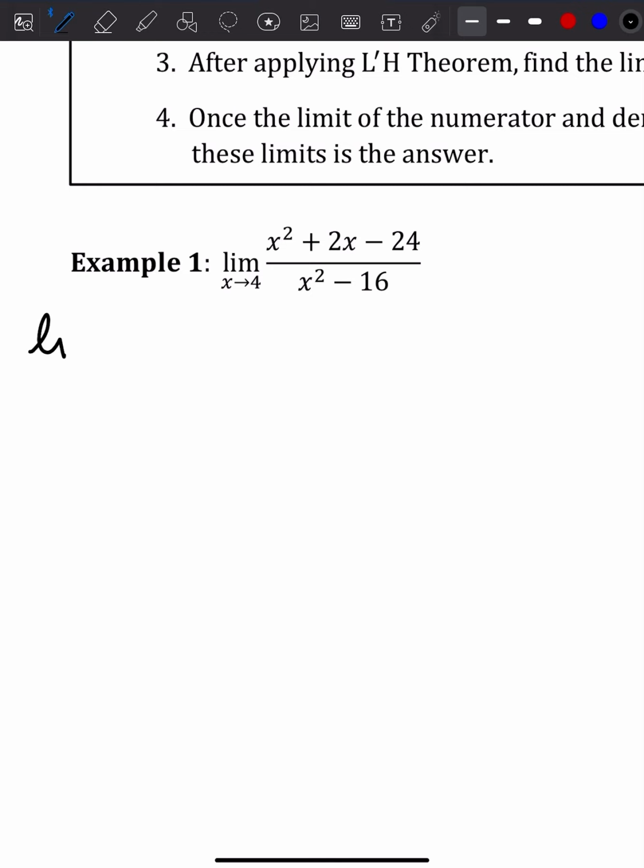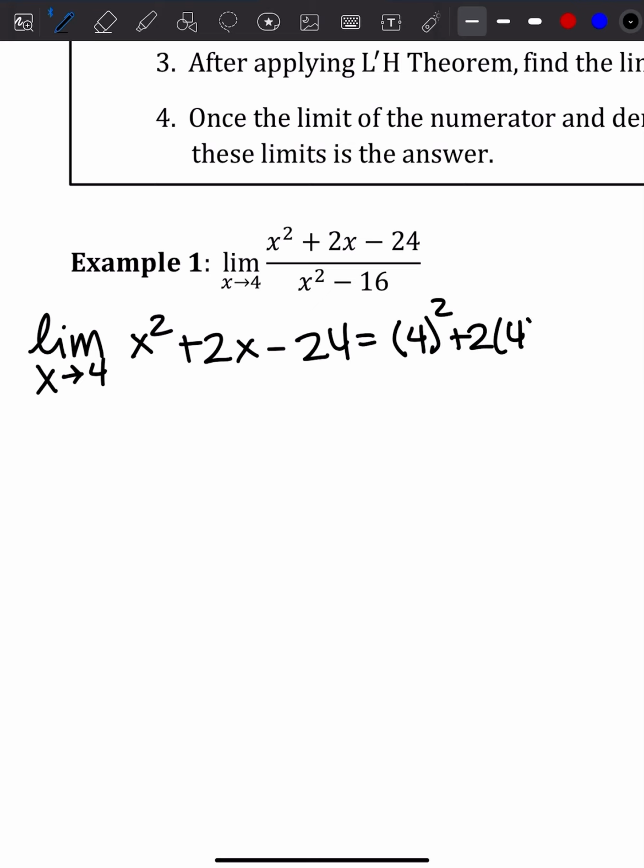So I have the limit as x approaches 4 of x squared plus 2x minus 24. That is 4 squared plus 2 times 4 minus 24.